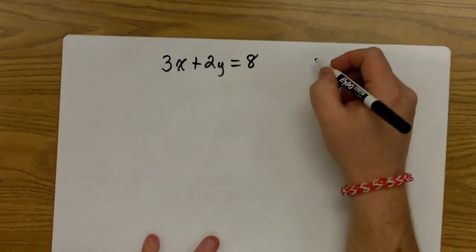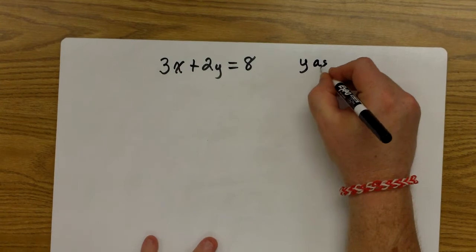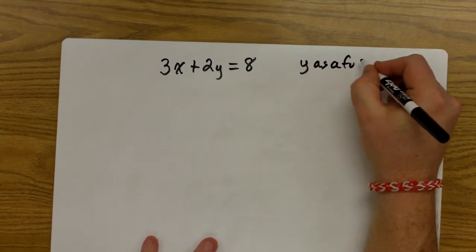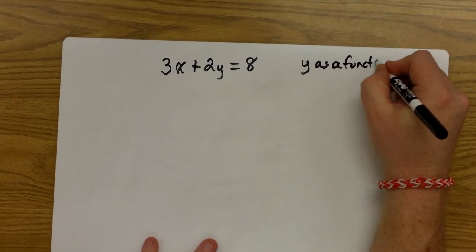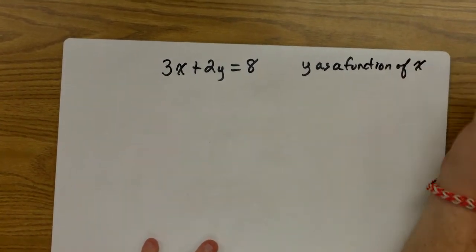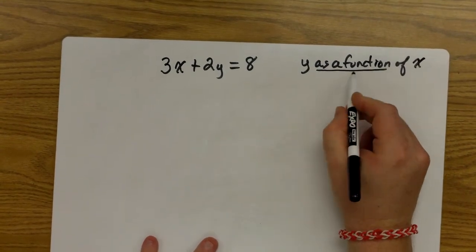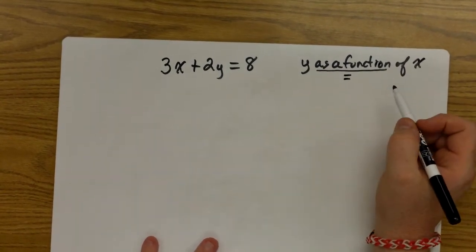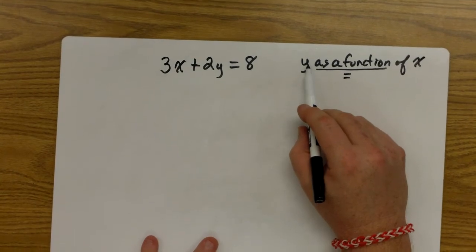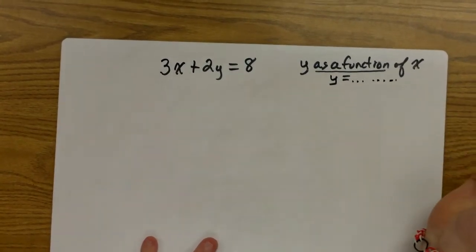And what I want to do here is write y as a function of x. Okay, so as a function, you can think of this as an equal sign. So in other words, I want to solve for y so that I have y equals something else happening on this side of x.